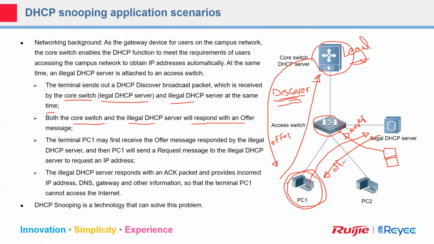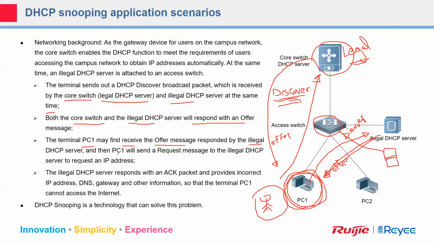So who should I trust as a PC here, as a human being working from his PC, asking for IP configuration, DNS, gateway, subnet mask, and so on? Who should I trust? The terminal, which is PC1, may first receive the offer message sent by the illegal server.